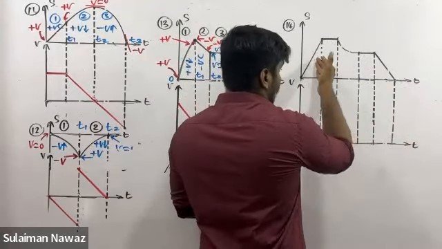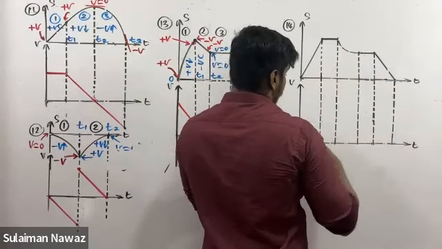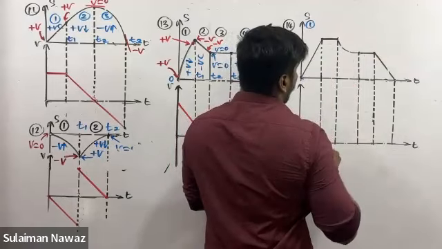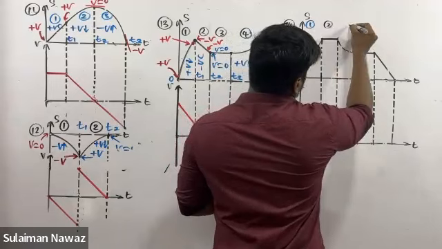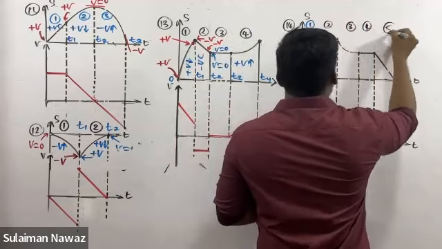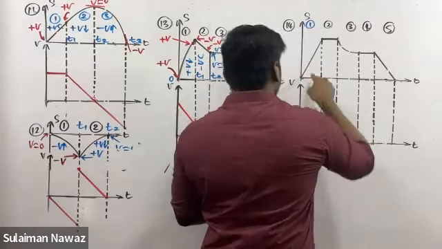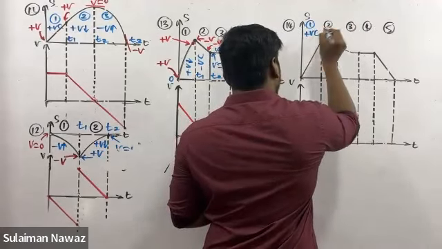Then we'll argue what's happening to the velocity. Acute angle constant, graph number 1, 2, 3, 4, 5. There are 5 graphs. What's happening in the first graph? Acute angle constant, positive velocity constant.